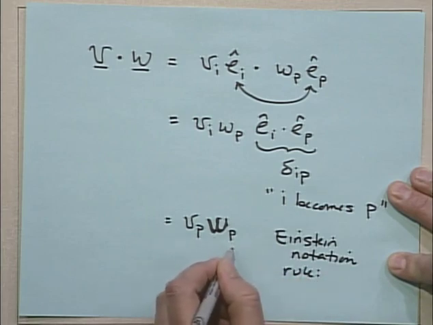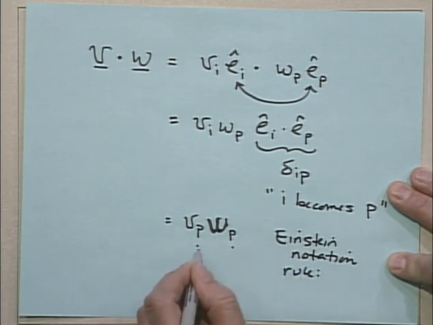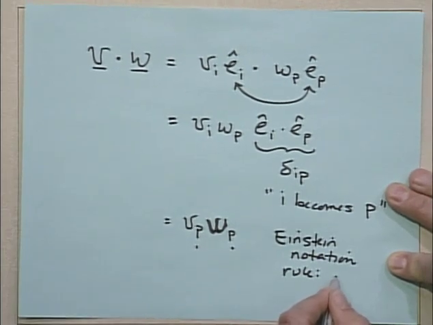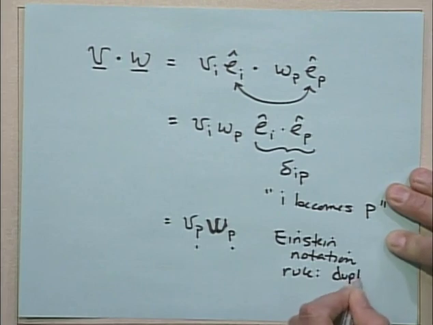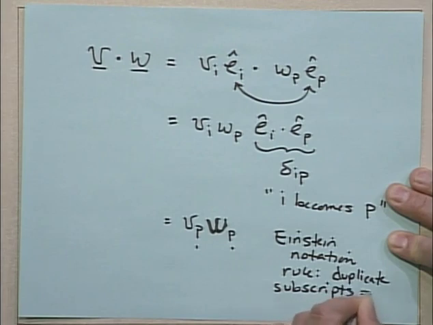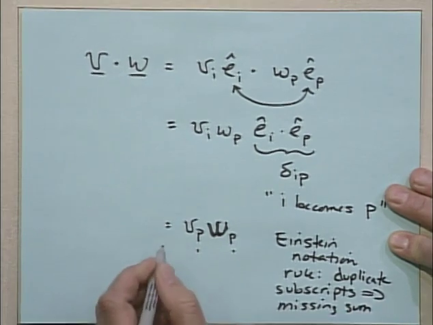is when there are duplicated subscripts, there's a missing summation sign. So that means there's a missing sum.